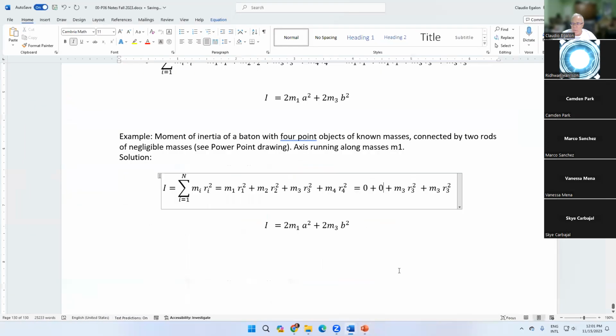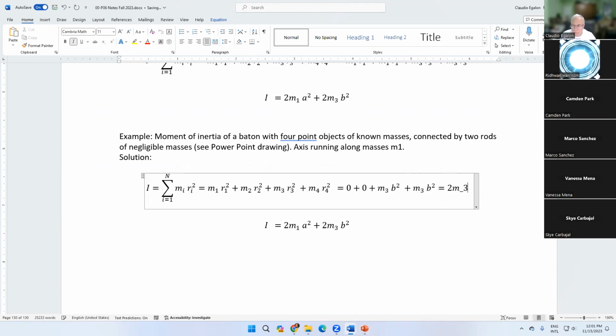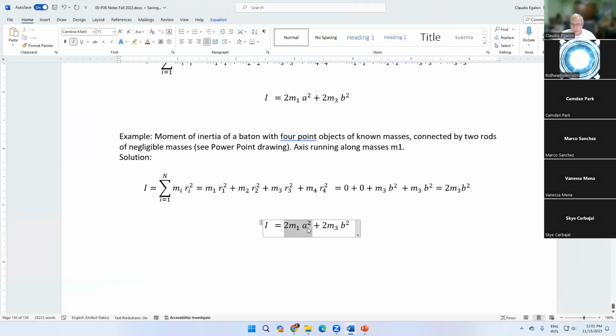For the other two terms, you're going to have b squared and b squared. And we end up with 2 M3 b squared. So look what happened: just by changing the axis of rotation, we get a different moment of inertia.